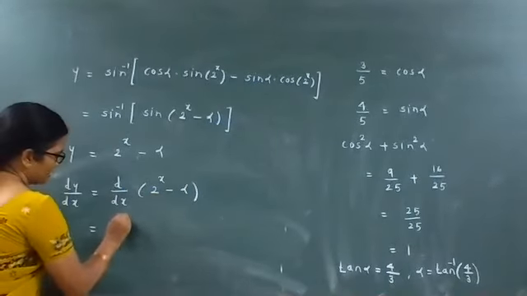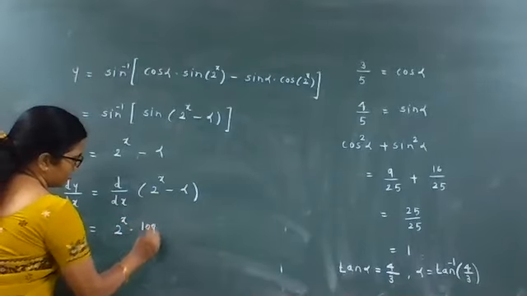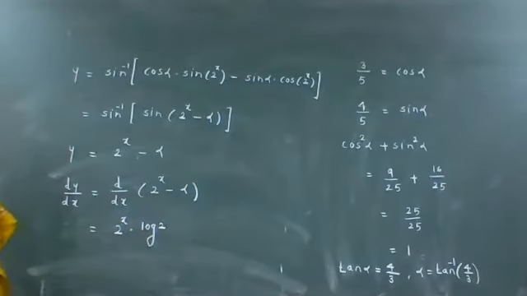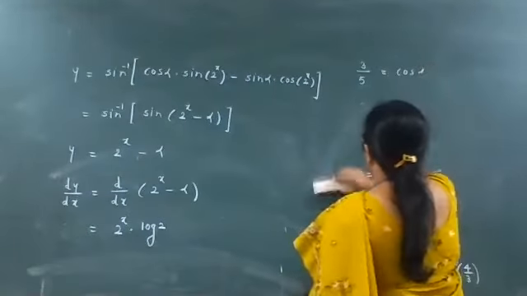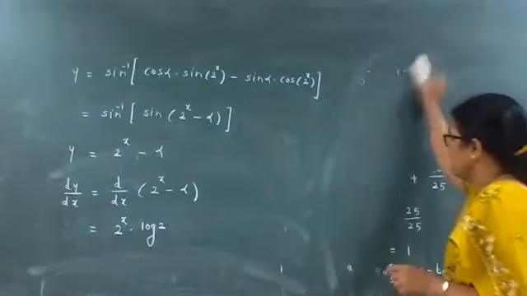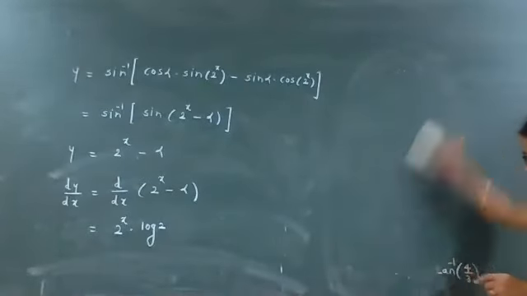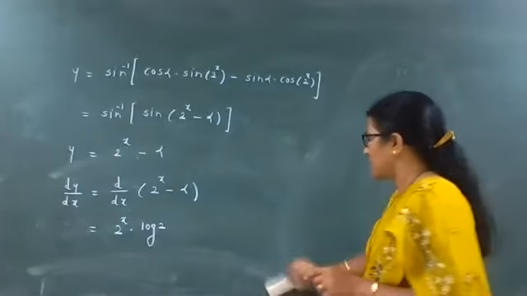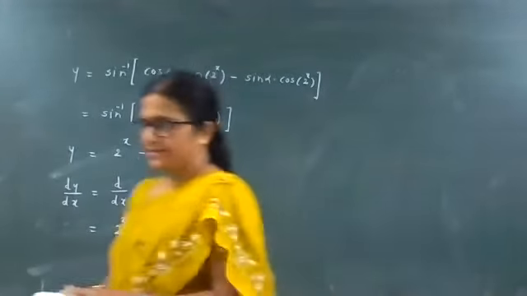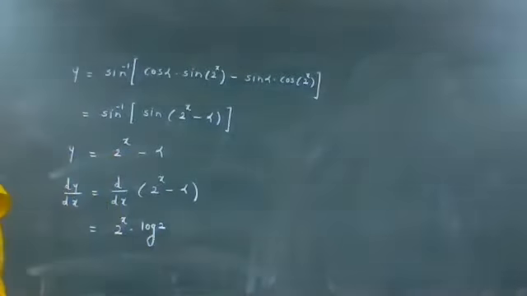Derivative of 2 raised to x, 2 raised to x log 2. This is your answer of derivative dy by dx. Now you can solve the remaining examples of this exercise question number 8, because these are of the same type.